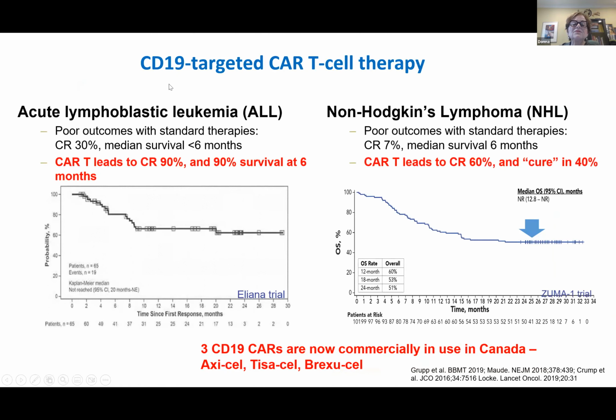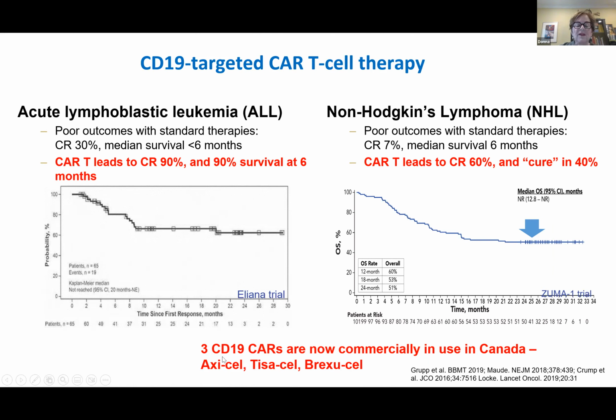Now, this type of approach was first done in childhood acute lymphoblastic leukemia, ALL, and non-Hodgkin's lymphoma. And a different marker on these lymphoid populations was used, CD19. And I show this because in individuals with really a terrible prognosis, these treatments are felt to be curative.